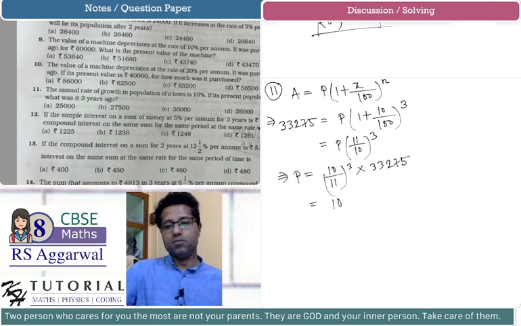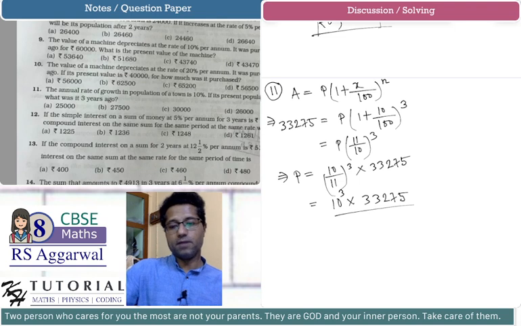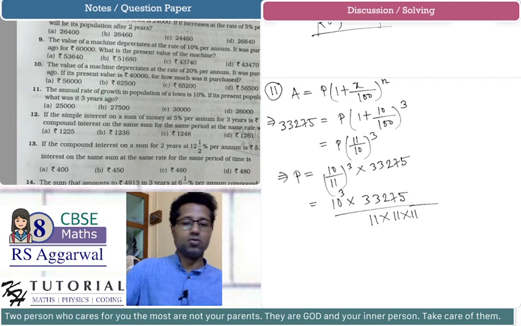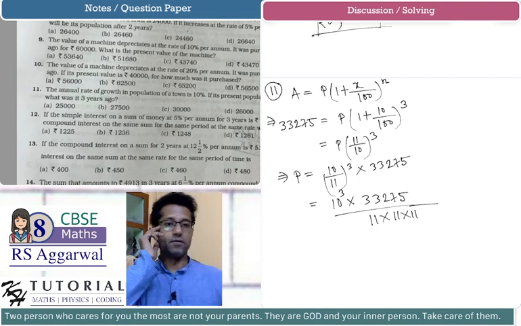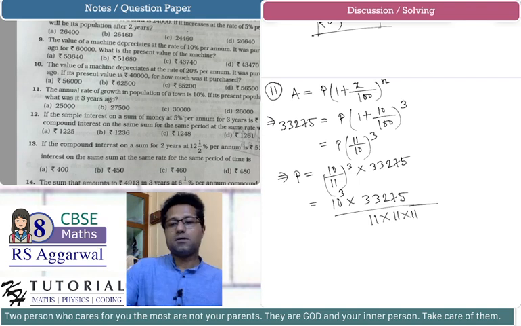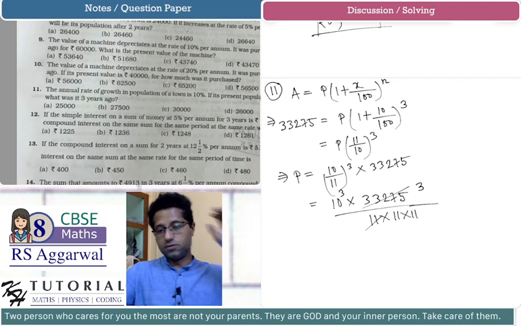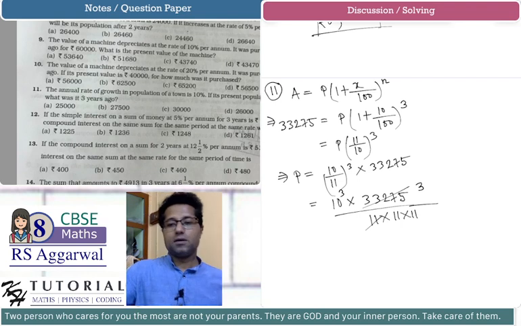This is 10 cube multiplied by 33275 divided by 11 multiplied by 11 multiplied by 11. I hope 11 cube will exactly divide 33275. Let's see. 11 divides 33275 with 3025.